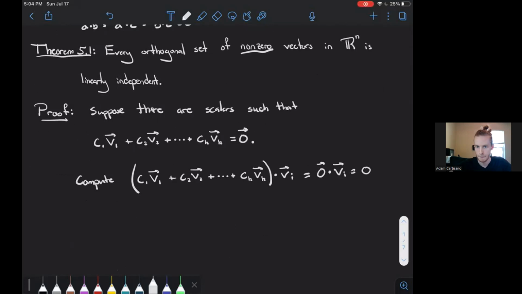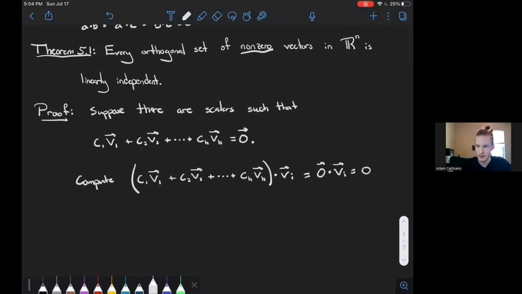However, we know that the dot product is distributive. So in other words, this is vi dot v1 times c1 plus vi dot v2 times c2, and so on, all the way up to vi dot vk times ck.